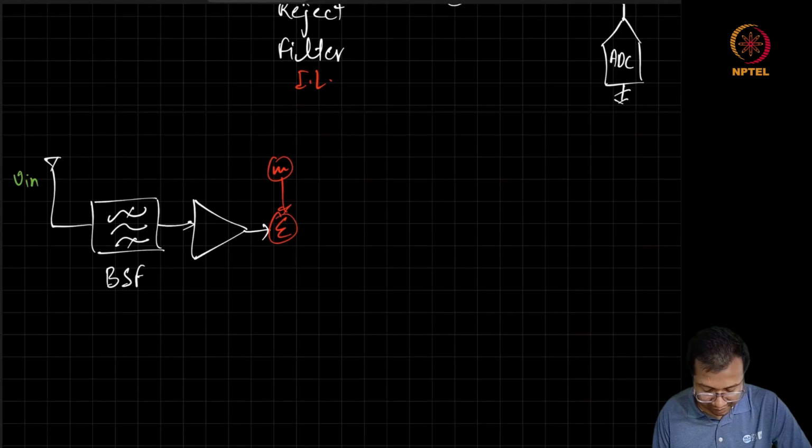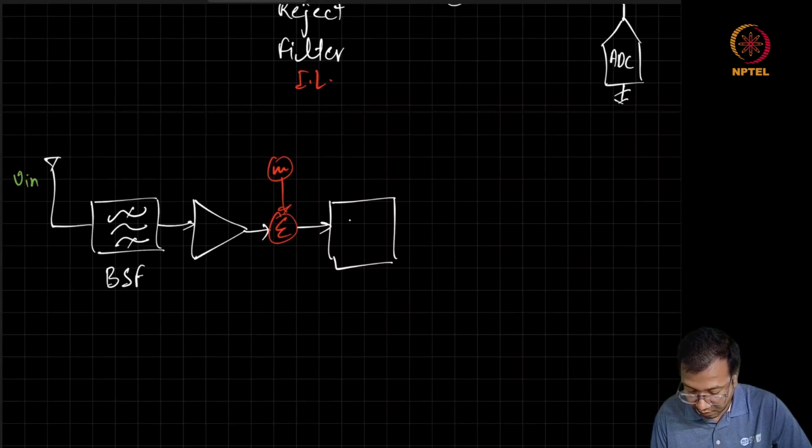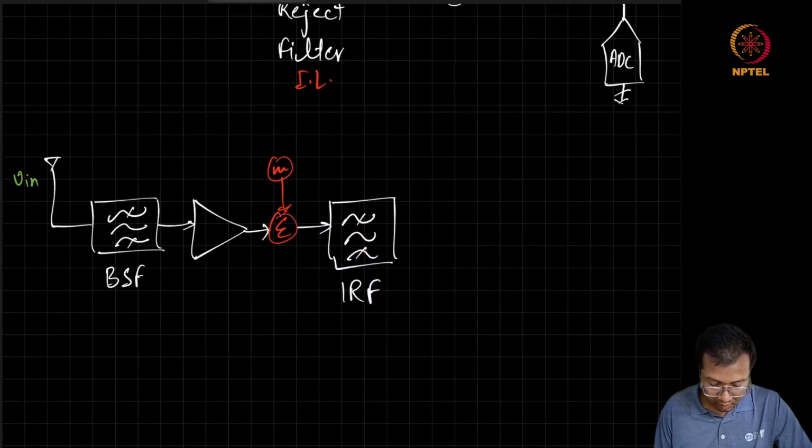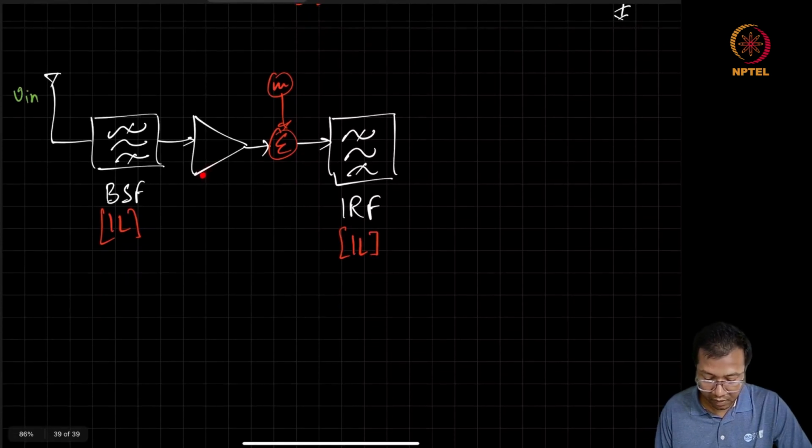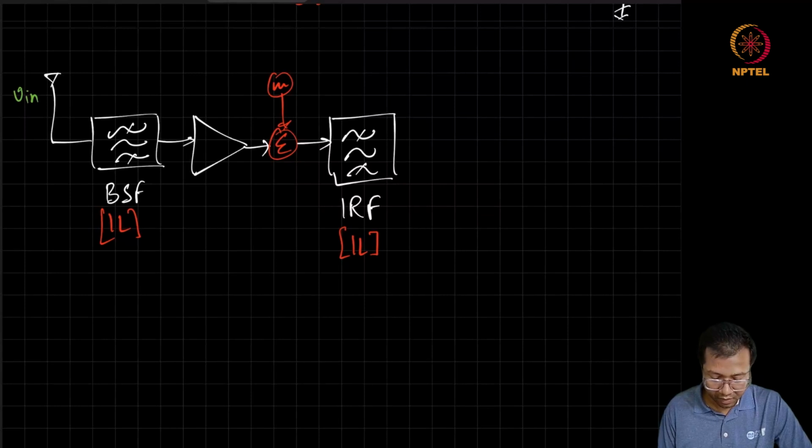And once this gain has been added, now if we add one more filter, in our case the image reject filter, each of these has its own losses, but whenever we get a chance, we are inserting some gain in the stages so as to minimize the corruption of our desired signal.